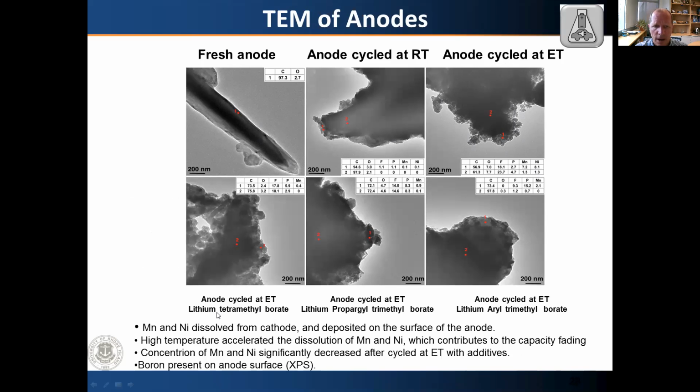However, in the presence of various different types of lithium alkyl, lithium propargyl or lithium aryl trimethyl borate species, we see a very nice, smooth anode surface film and relatively low concentrations of manganese. Once again, this is consistent with the electrolyte additive inhibiting transition metal dissolution from the cathode and deposition on the anode, damaging the anode SEI.